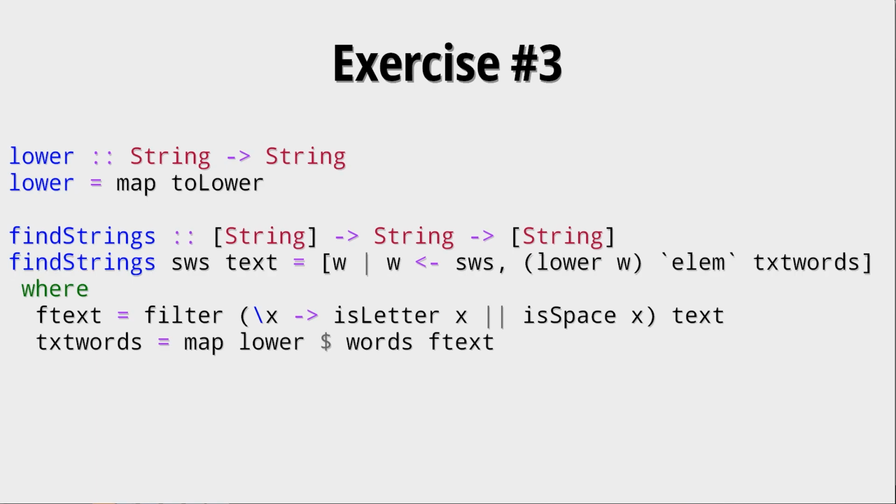Now, what is that? Ftext is the filtered text, where I called filter with this little x to isLetter x or isSpace x. Why is that the case? Well, we are only trying to search for words. We are not trying to search for punctuation, for example.